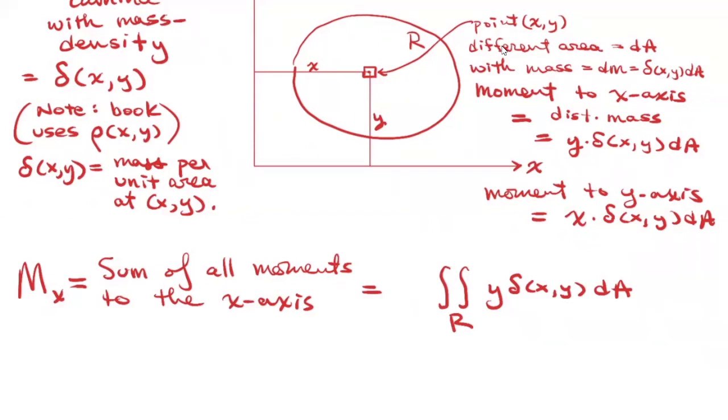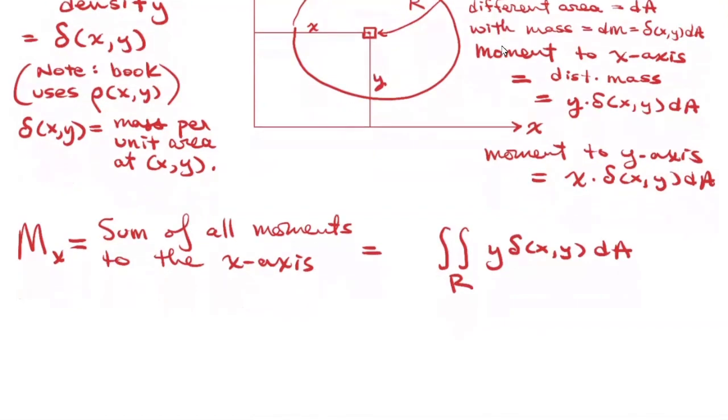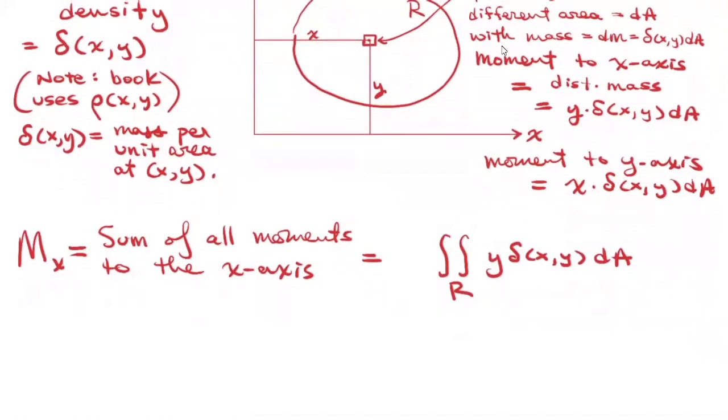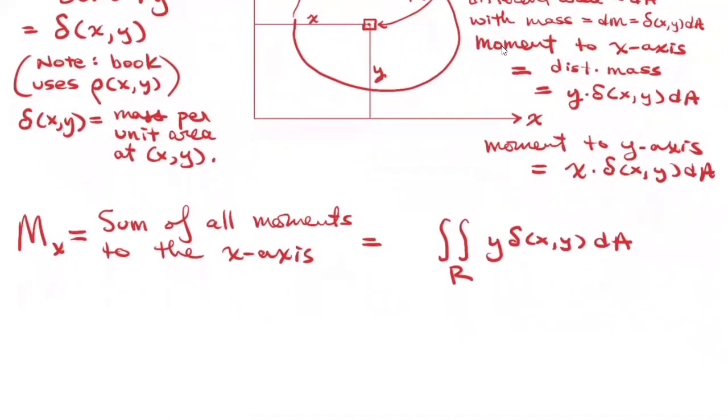Now you have to remember that that's a measurement from the x-axis, but if you were to give it a coordinate, it would be a y-coordinate, because you're taking distances that are vertical when you measure to the x-axis. Okay, and I can do the same thing for measurements to the y-axis where the distances are x. So moment to the y-axis, My, is the sum of all moments to the y-axis.